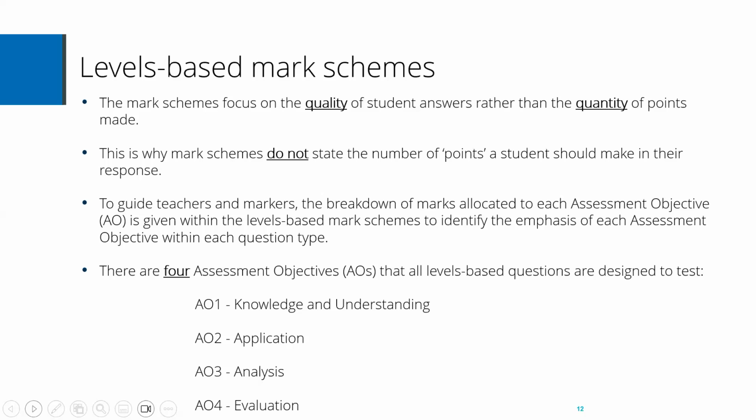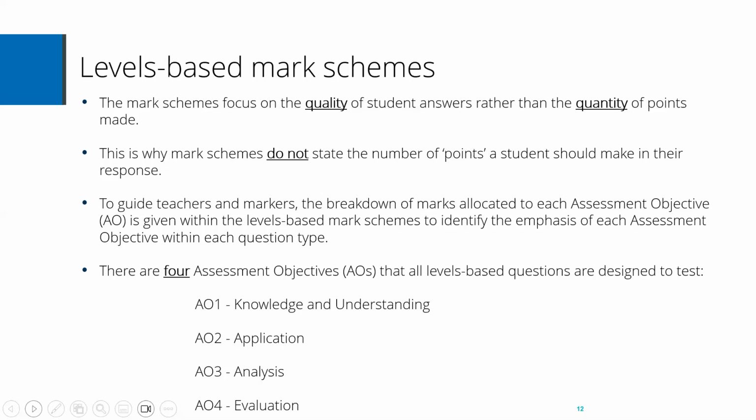Now, you have to accept that in these kinds of questions, students will make some errors. You're never going to get the perfect answer. That's one of the things you have to accept here, and that is why you have to use this levels-based mark scheme. You're matching what you've read against the level descriptors.